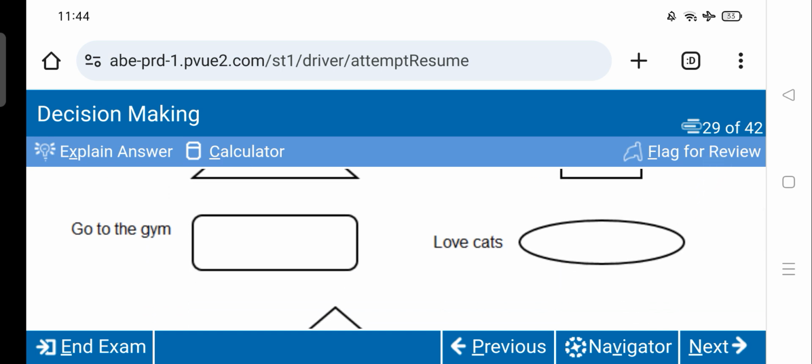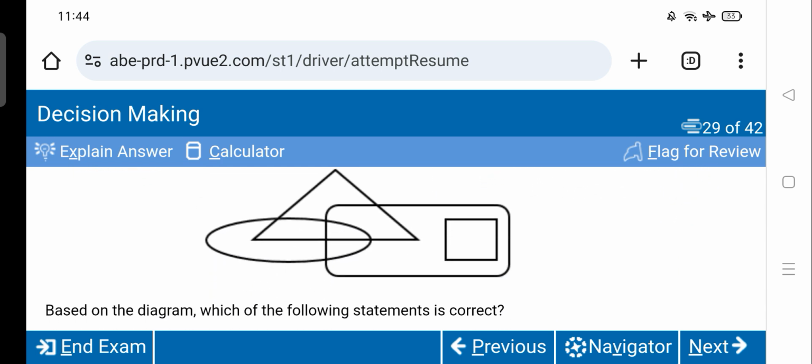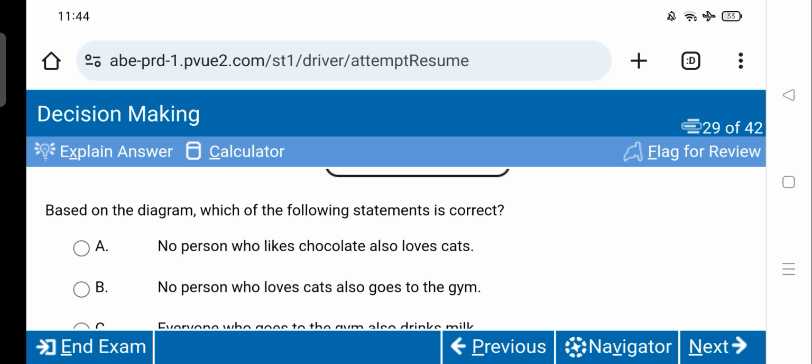Rounded rectangle represents go to the gym. Oval shape represents love cats. So here we have a Venn diagram of all these shapes. So based on the diagram, which of the following statements is correct?